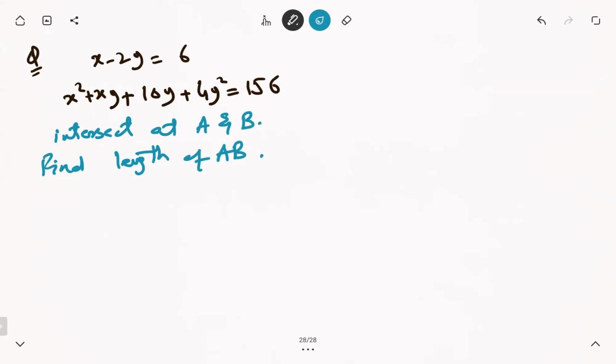A and B are the points of intersection of the line and the curve. So solve the equation of the line and the equation of the curve simultaneously. You will get the coordinates of A and B. And once you have that, then apply the distance formula to get the length AB. Please start. I want everyone to attempt this question.